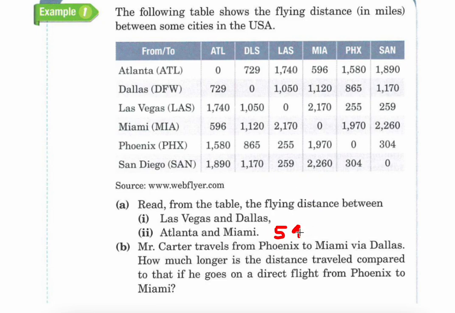Okay, and then the last question, Mr. Carter travels from Phoenix to Miami via Dallas. We want to know how much longer it would take to go from Phoenix to Dallas first before going to Miami. So Phoenix to Dallas is 865 miles.